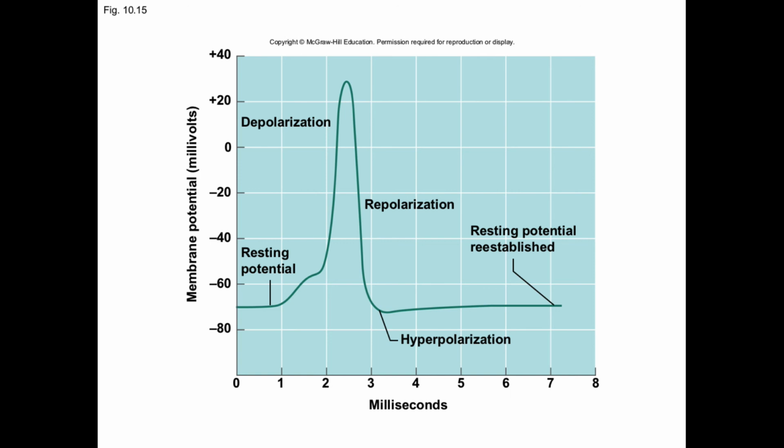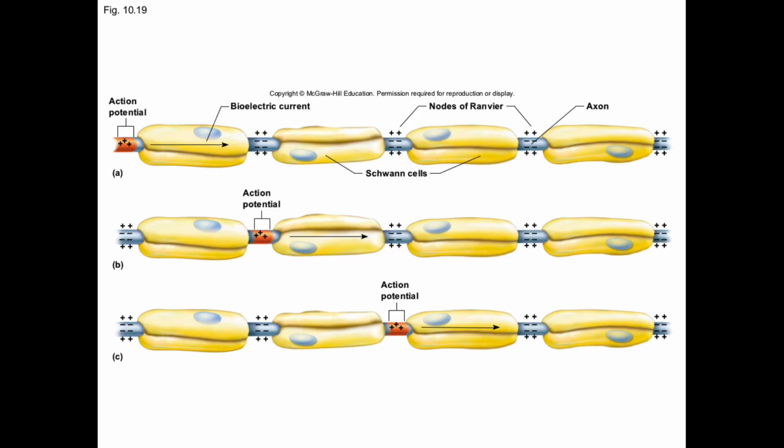So an action potential is an all or none or all or nothing phenomenon, meaning it either happens or it does not happen. So let's get down to propagation of an action potential.